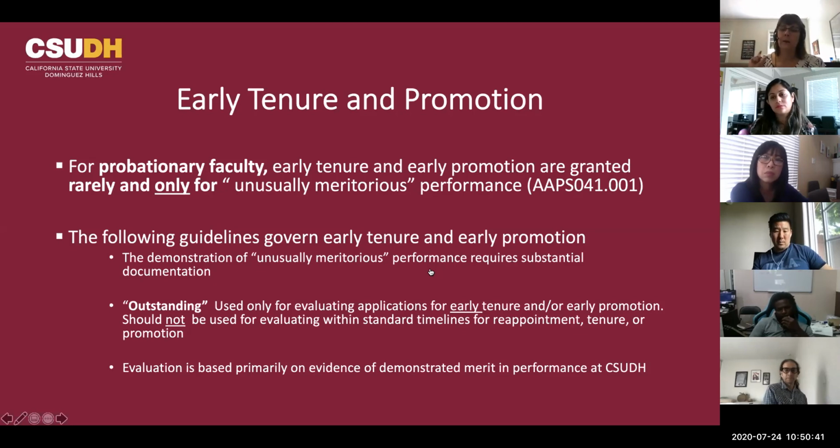So let's say next year in your full review you get a satisfactory and you're like, hey, I was outstanding, why didn't I get an outstanding? Right now, that's the maximum you can get for a full review and your tenure review. Outstanding is only utilized at the current time for early tenure and promotion reviews. Then you have to get outstanding in at least 2 categories, one of which must be teaching.